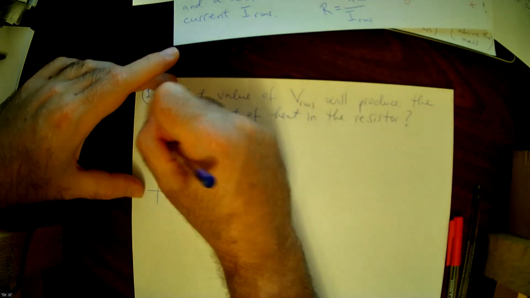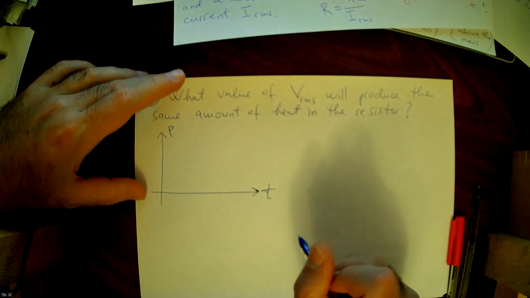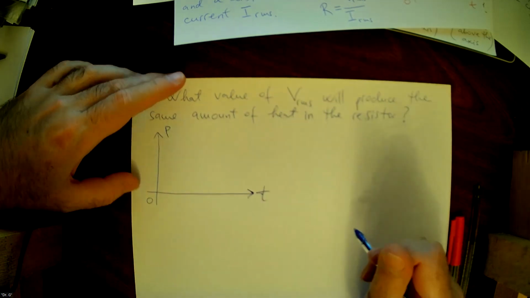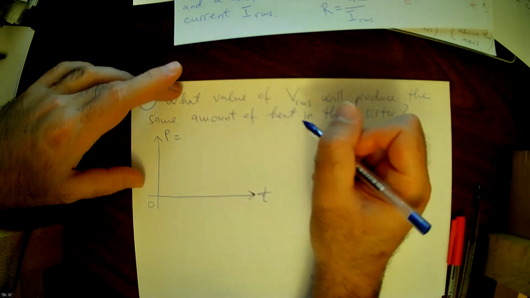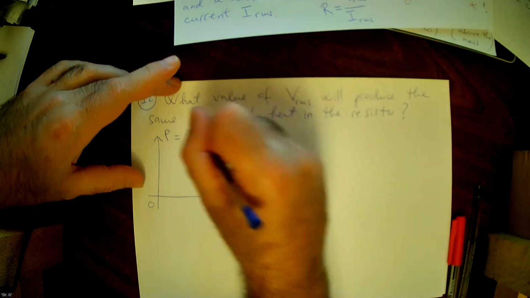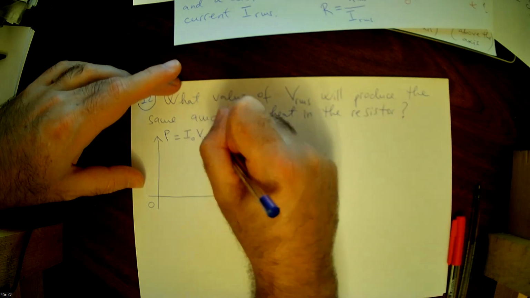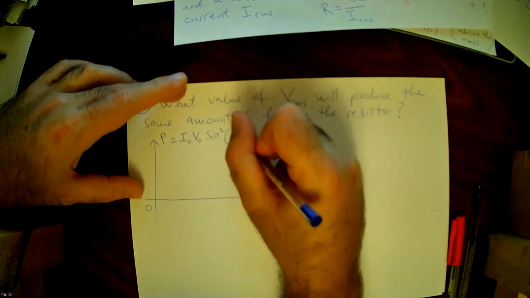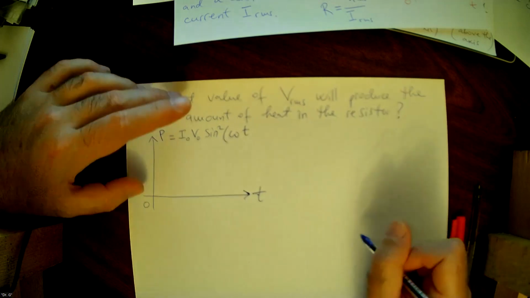Time, power. The power will be I0 V0 sine squared of omega t.